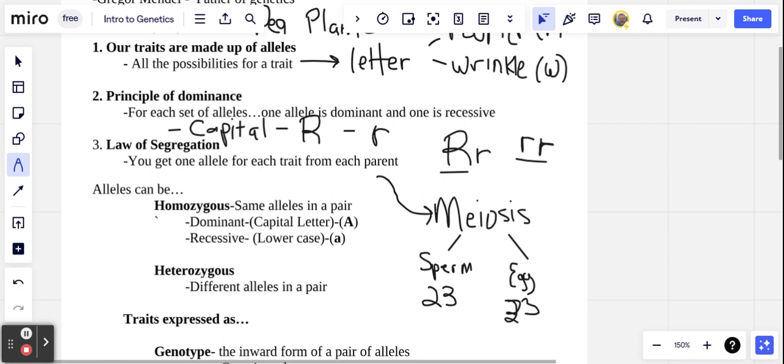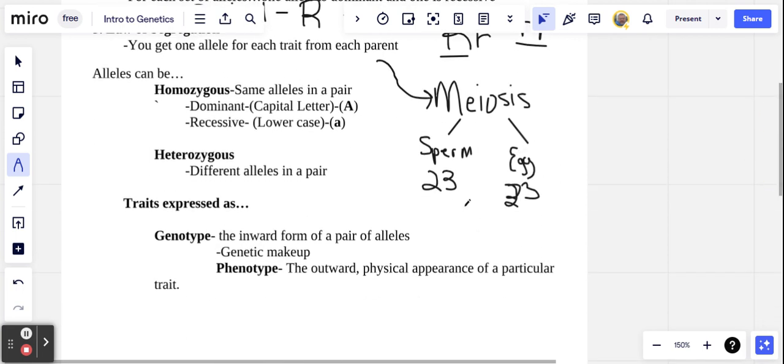Normally, any cell that hasn't undergone meiosis has 46 chromosomes, which means you have two chromosomes for each possibility. So there's 23 pairs, which gives you 46. During meiosis, it breaks that down and you have one chromosome left of each pair.